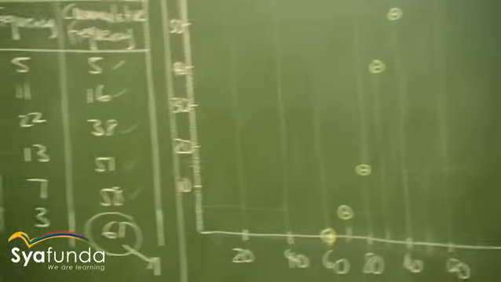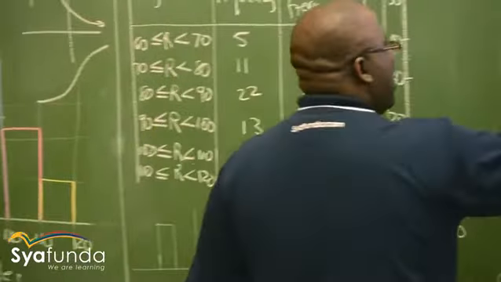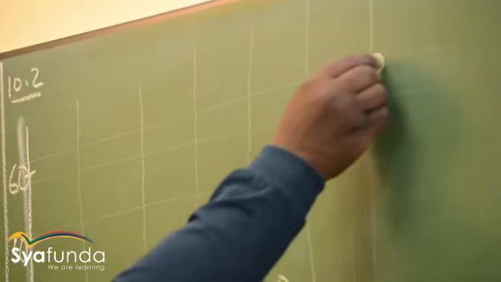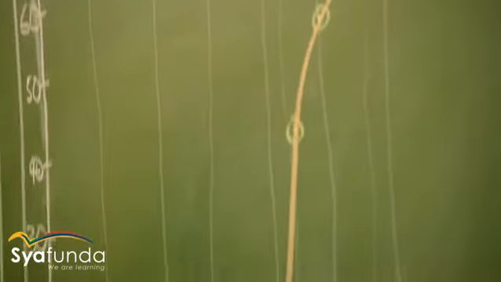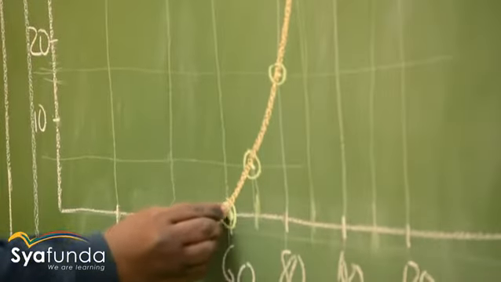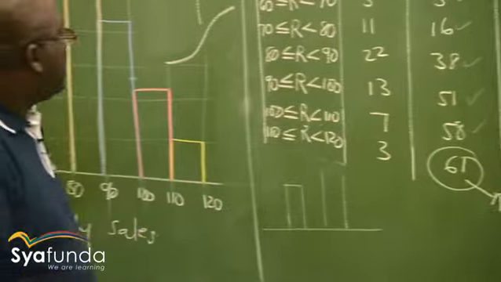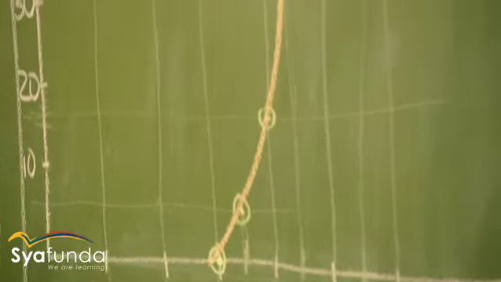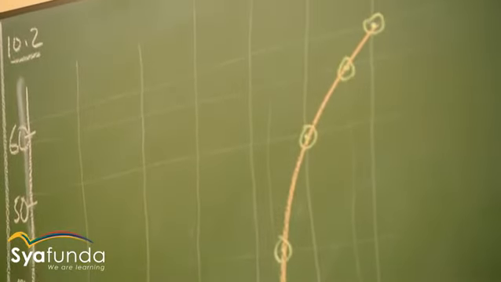All that I need to do now is join those points to have my ogive. So my graph will look like this. This is my ogive, the snake dance, the typical graph which we call the ogive. That's how you sketch this graph.